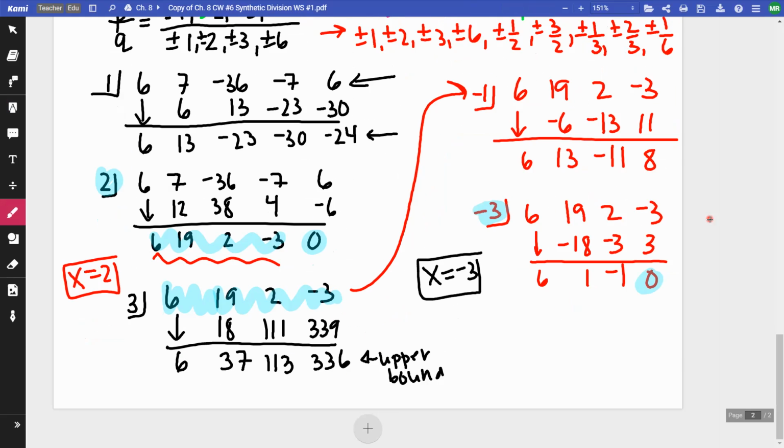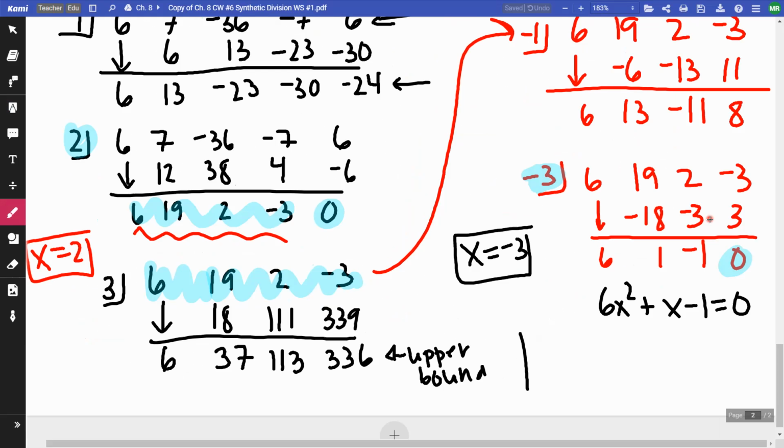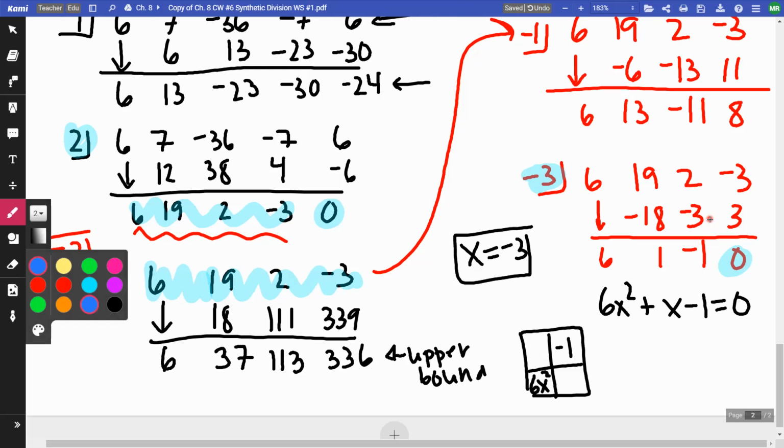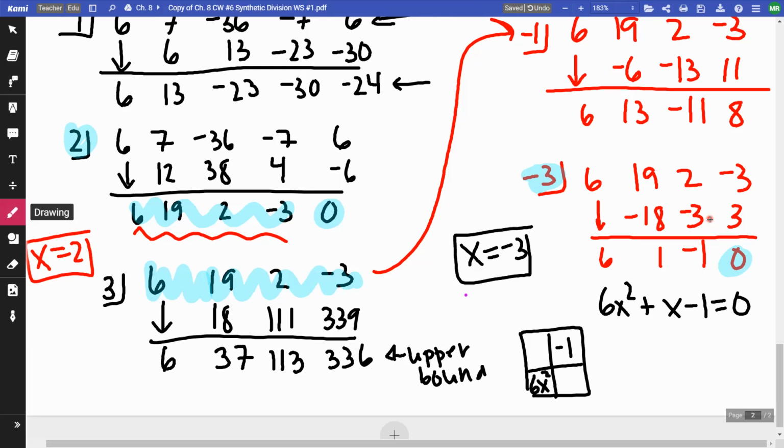But now I have 6x squared plus x minus 1 equals 0. And I'm going to factor that. So let's say I'm going to do a box. I have a 6x squared and a -1. And in this purple here, I'm going to do a diamond that would go with that.